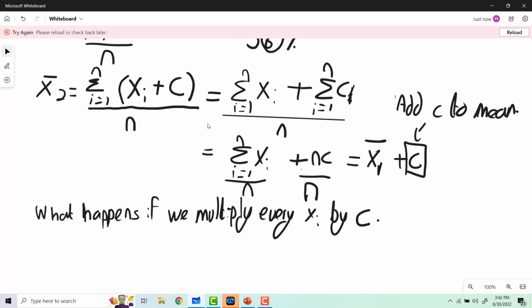So x bar 2 equals sigma i equals 1 to n, then we're going to have xi times c, all over n.